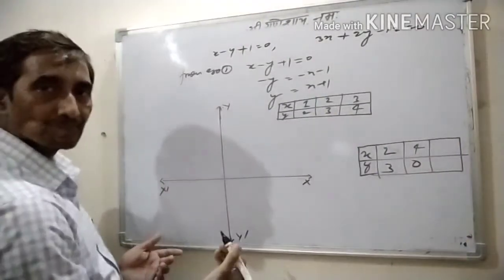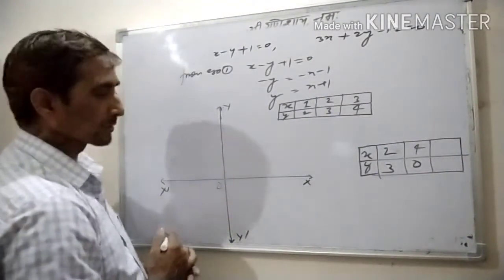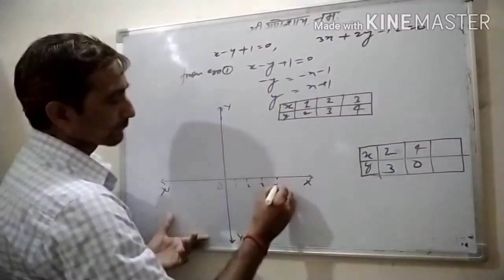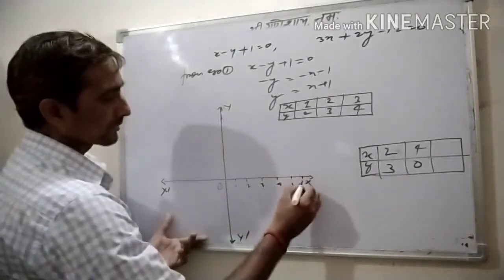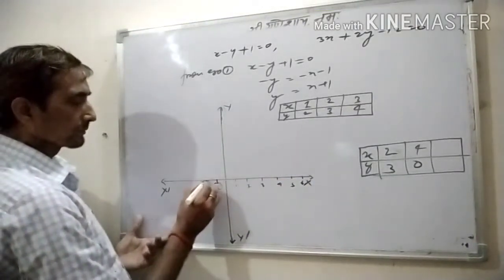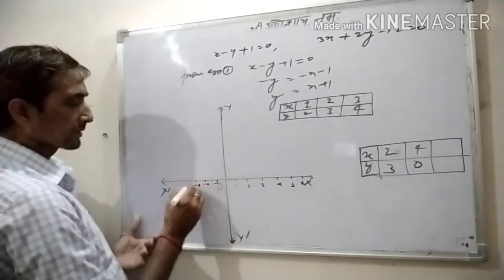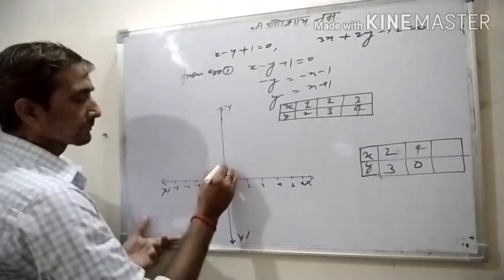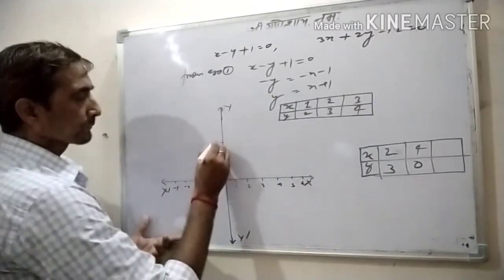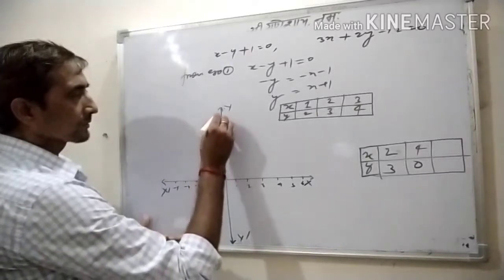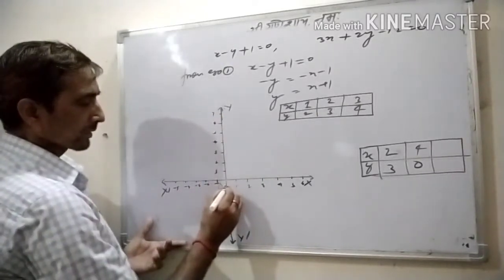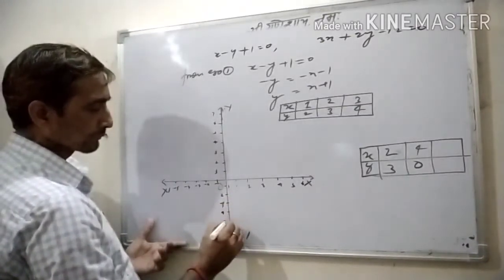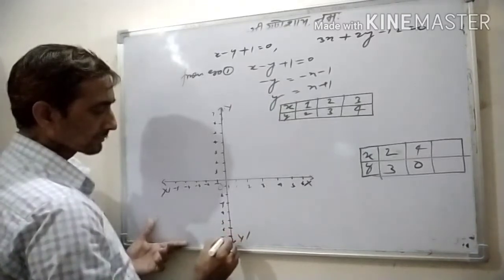This is the origin, then 1, 2, 3, 4, 5, 6, and minus 1, minus 2, minus 3, minus 4, minus 5 on the axes.